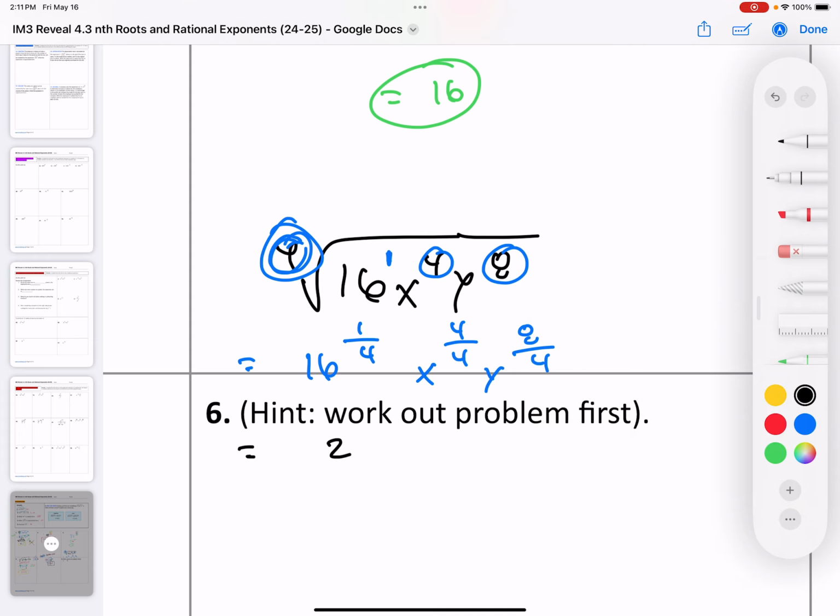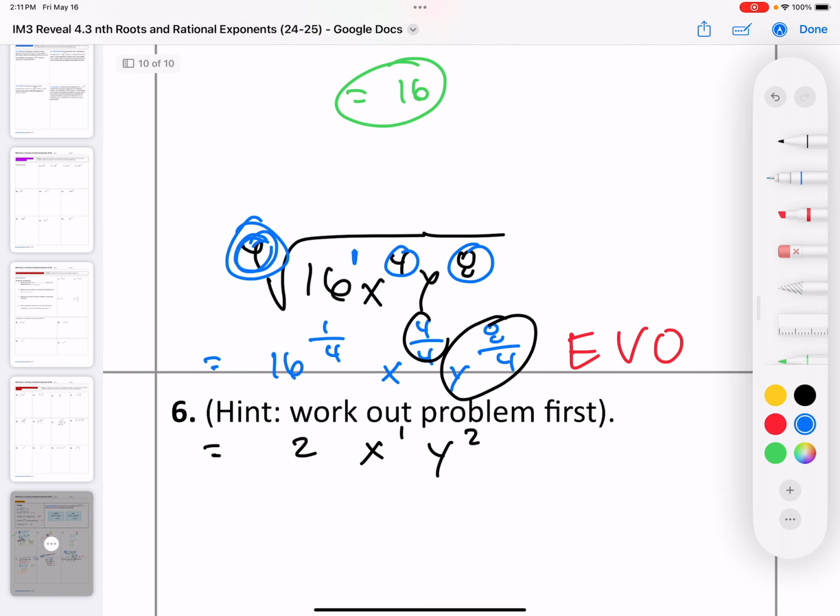X to the 4 divided by 4, that just turns into 1. And then 8 divided by 4 is 2. Now, again, all of this came out, so now we have to apply EVO. Let's see if EVO works, okay? Is it an even root, class? Yes. Did variables come out?